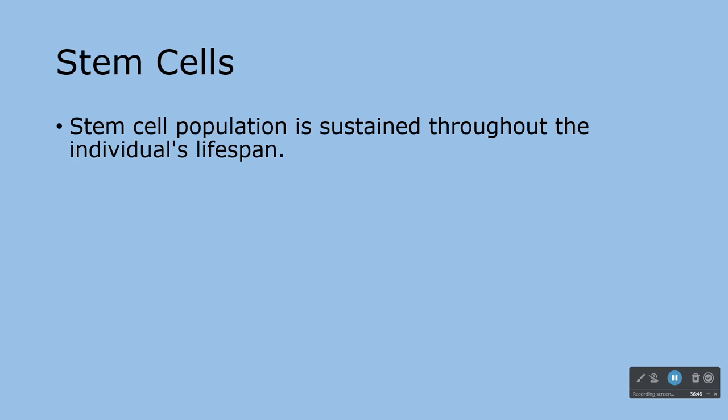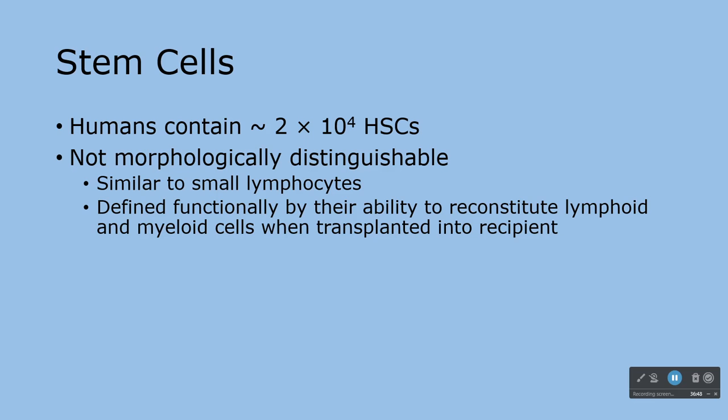Okay? As we go. Alright, so humans contain about 2 times 10 to the 4th, which would be about 20,000. Not morphologically distinguishable, it just means you would have to use something called flow cytometry. So let's stop right there. And I've said this several times, and I know I haven't explained it to you guys yet.